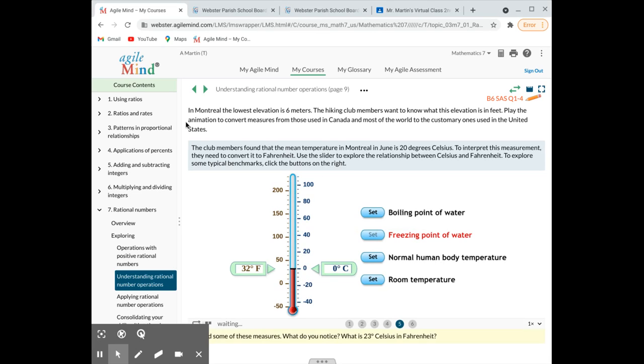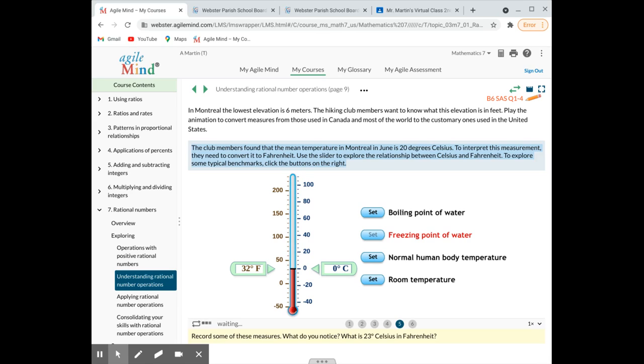Samantha, would you read this for us, please? The club members found that the temperature in Montreal in June is 20 degrees Celsius.